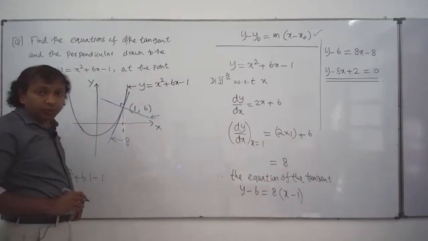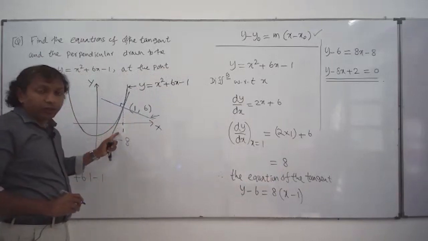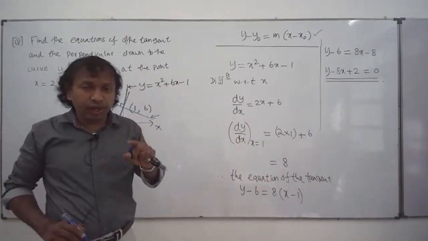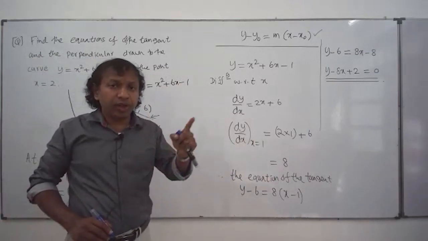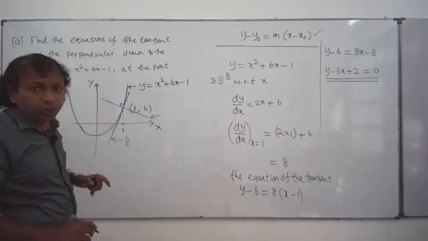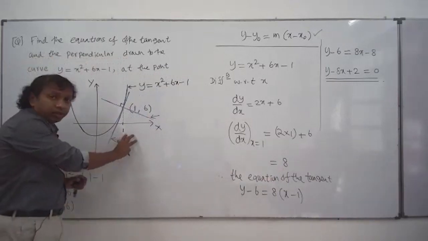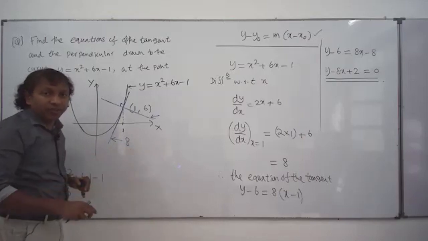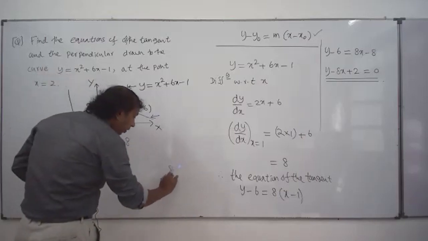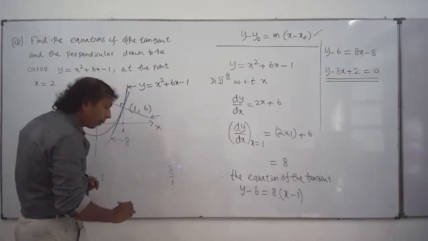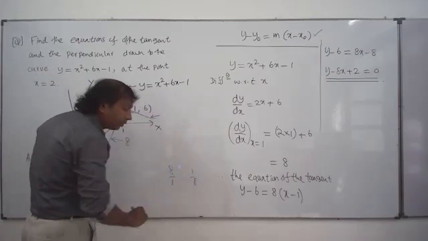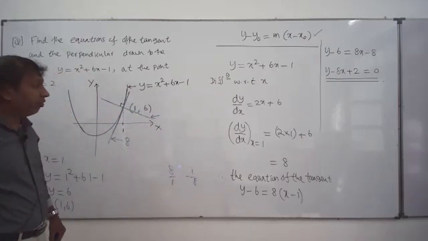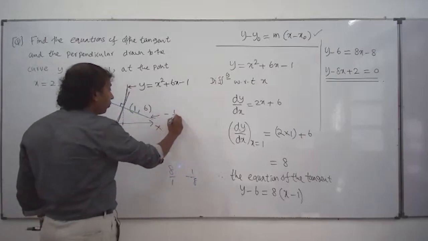I told you if two lines are perpendicular and you know the gradient of one of them, how to find the gradient of the other: take the reciprocal and multiply by a minus sign. 8 means really 8 by 1. Reciprocal means 1 upon 8, multiplied by a minus sign. Then we get the gradient of this as minus 1 upon 8.